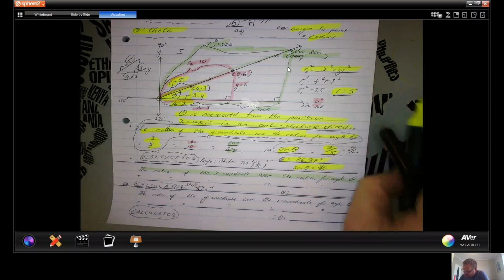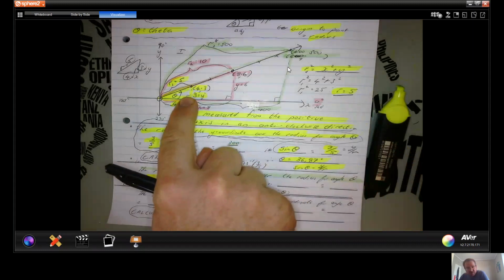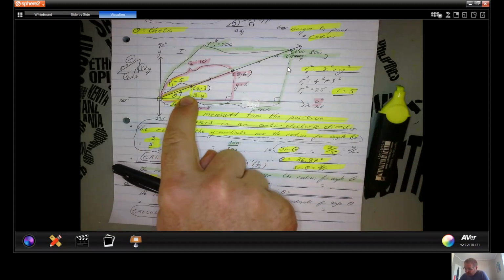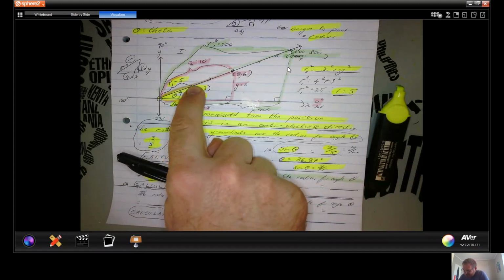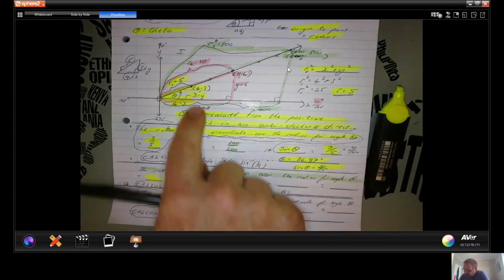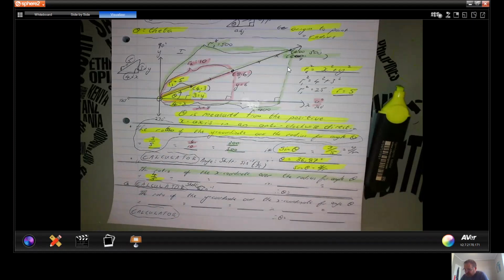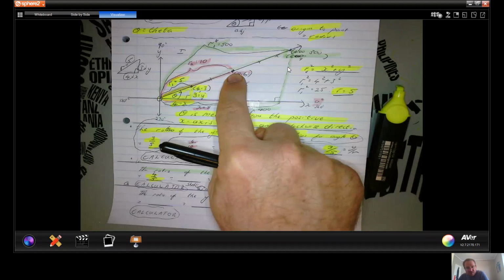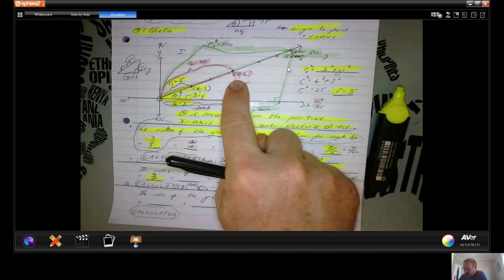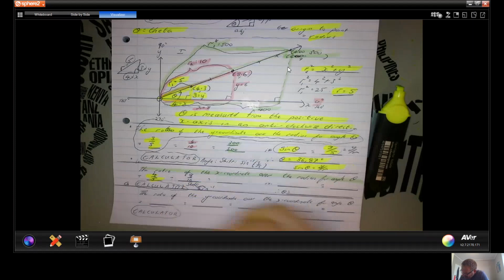If I go to the yellow triangle, at this point over here, Pilar, what's the x-coordinate? Because I'm looking at the ratio of the x-coordinate over the radius. Well, the x-coordinate is 4 and the radius is 5, so it's 4 over 5. If I stay on that line and I go to this point, what's the x-coordinate over the radius going to be? Well, it's going to be 8 over 10.